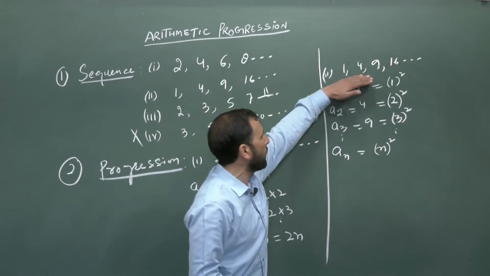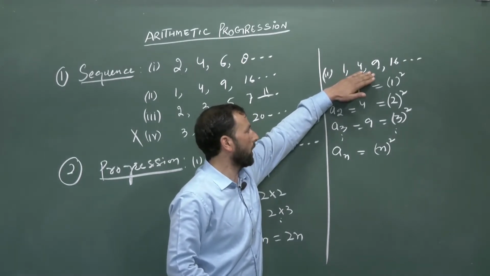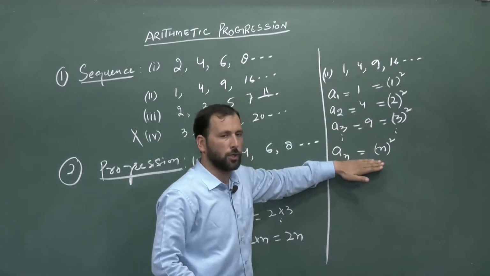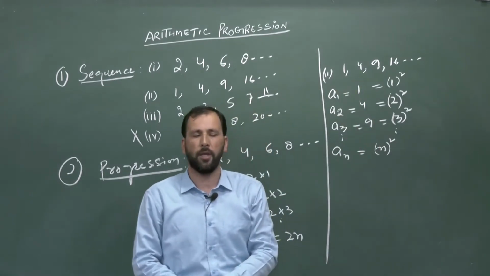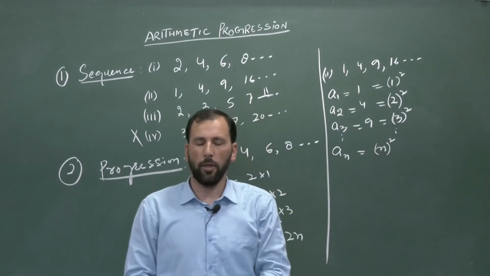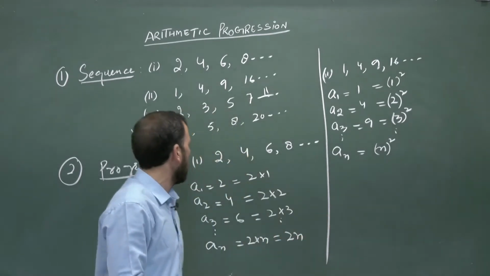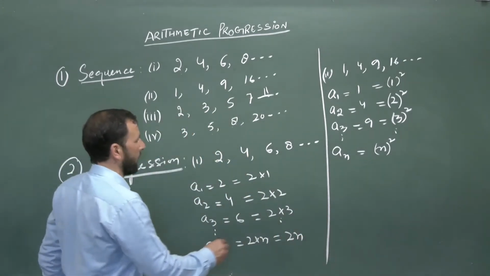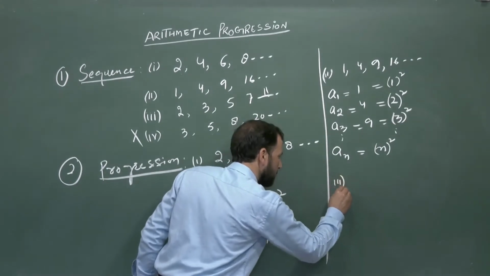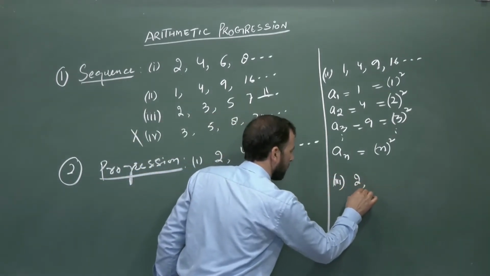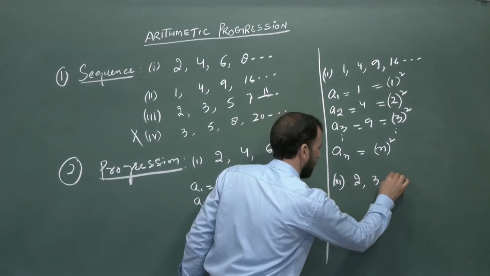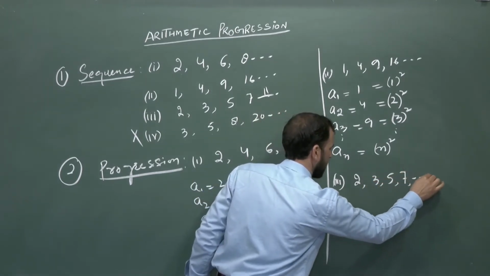So in this sequence 1, 4 and 9, we are able to describe its nth term. So an is equal to n square, and this sequence is said to be a progression. Now let us take the third one: 2, 3, 5, 7, and so on.